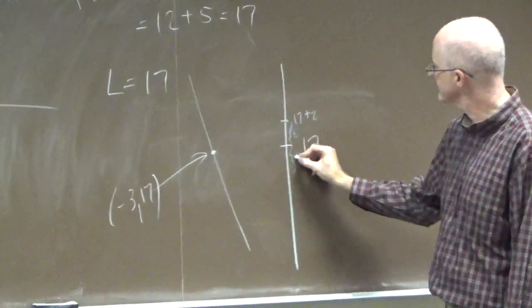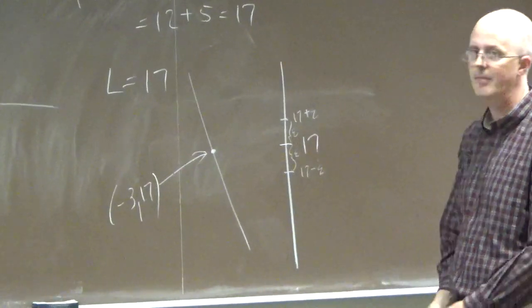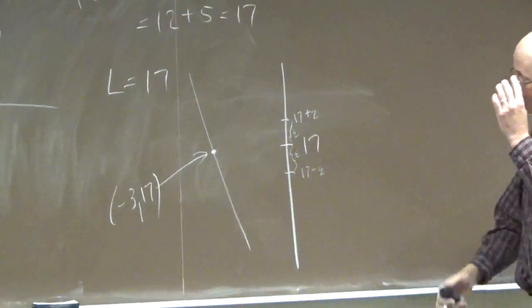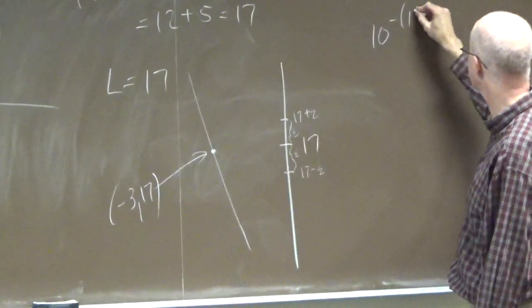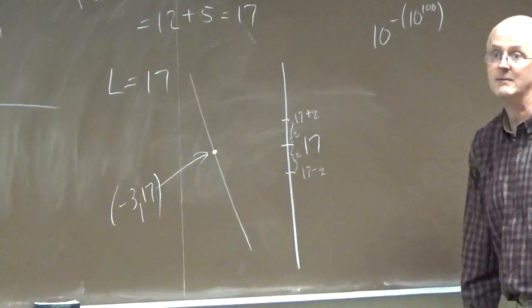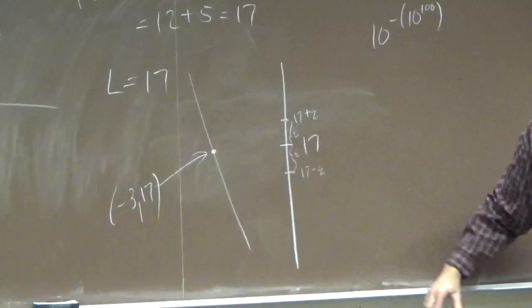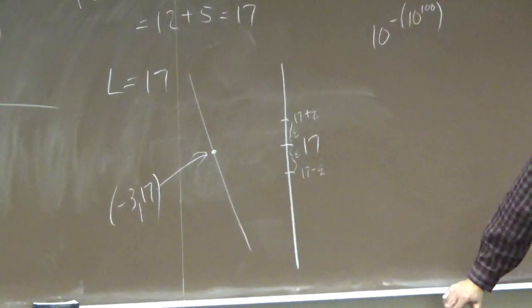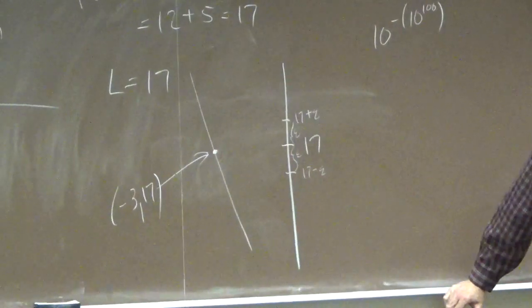You could go down from 17 by a distance of epsilon to the number 17 minus epsilon. Epsilon is arbitrary. It could be super tiny. It could be 10 to the negative Google power. It could be super duper tiny. Of course, I haven't drawn it to be super duper tiny, but it could be. It's a measure of arbitrary closeness to L, to 17.